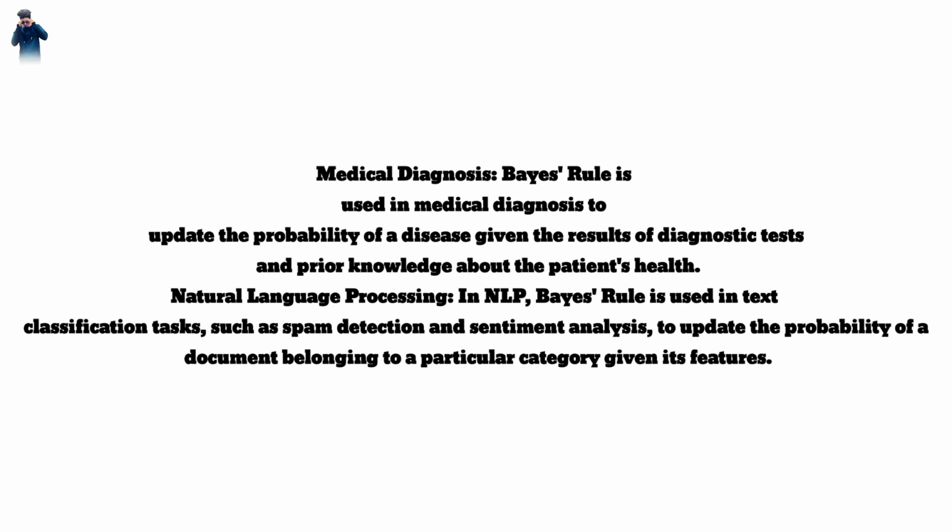Bayes' rule is used in medical diagnosis to update the probability of a disease given the results of diagnostic tests and prior knowledge about the patient's health. 4. Natural language processing. In NLP, Bayes' rule is used in text classification tasks, such as spam detection and sentiment analysis, to update the probability of a document belonging to a particular category given its features.